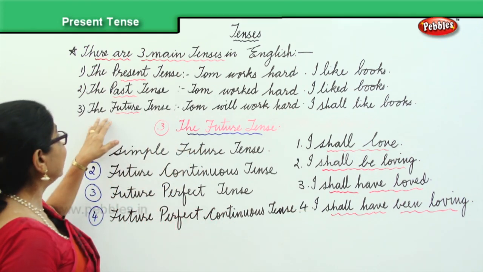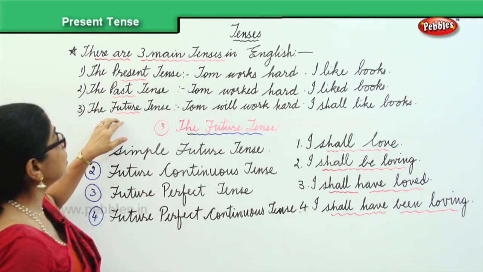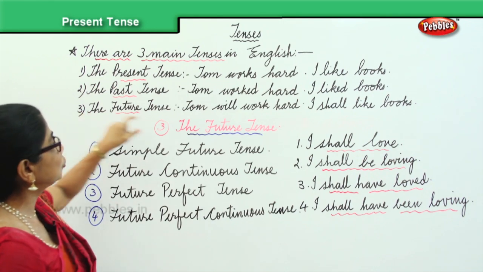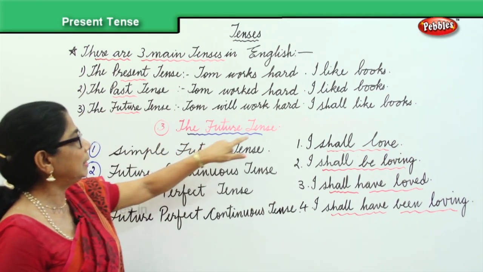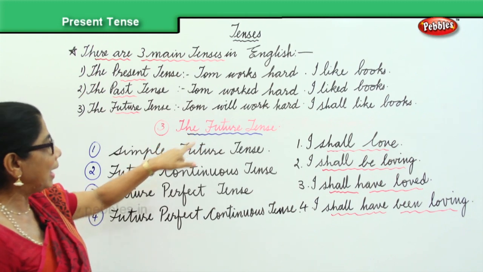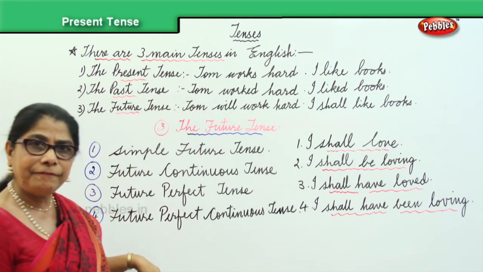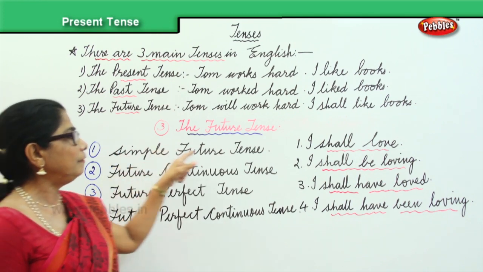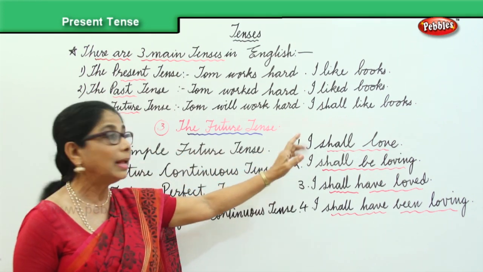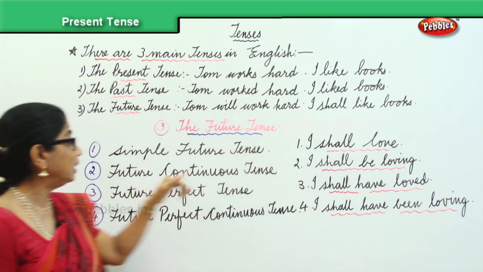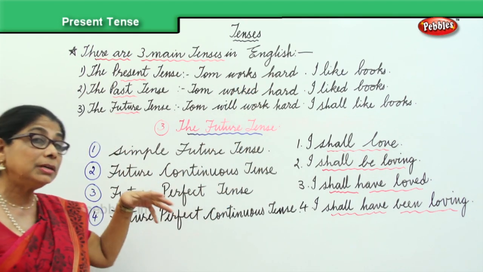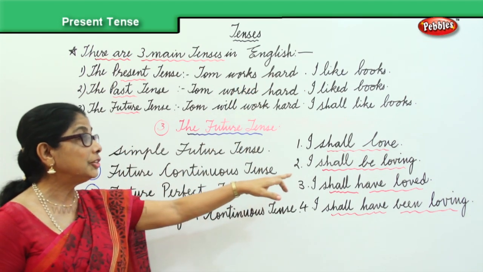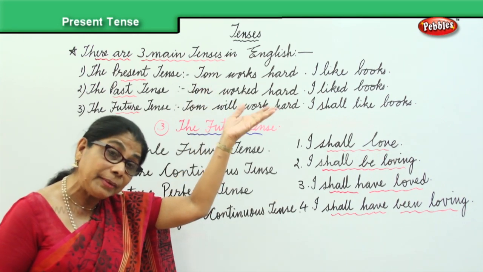I said the last main tense is the future tense. The future tense has 4 different forms. The first is simple future tense, shall love. Then you have future continuous tense, shall be loving.